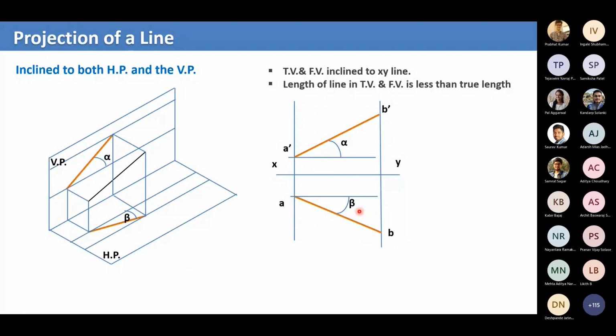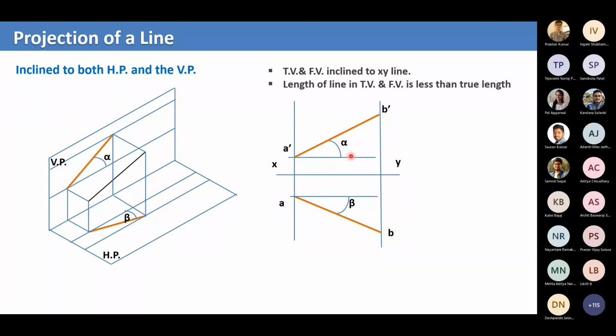Now let us see. This is one of the key features, also discussed in the previous class. The true length is the maximum length a projection can be. Since the line is at an angle with HP and VP, when you project it, it will shrink.